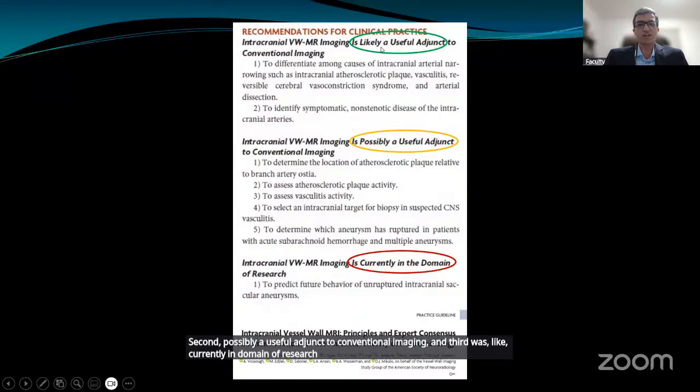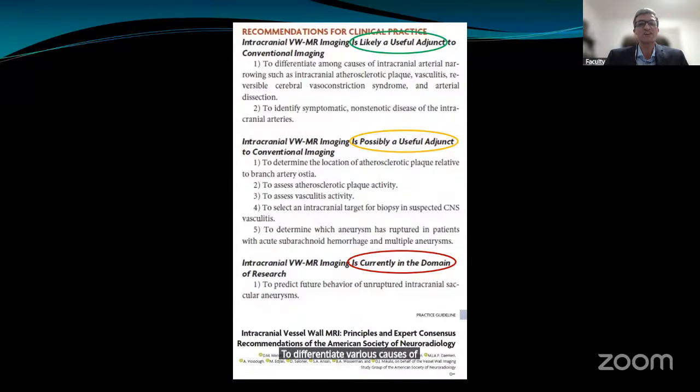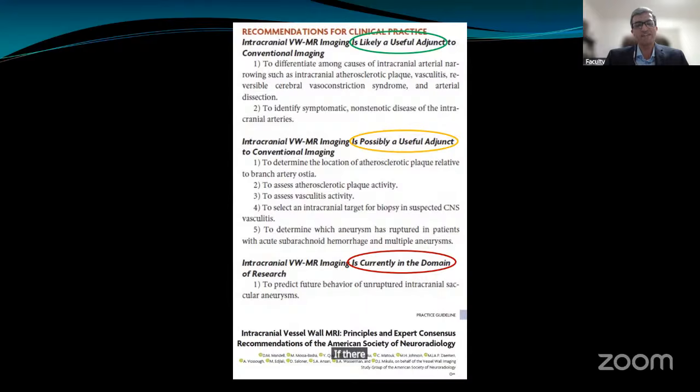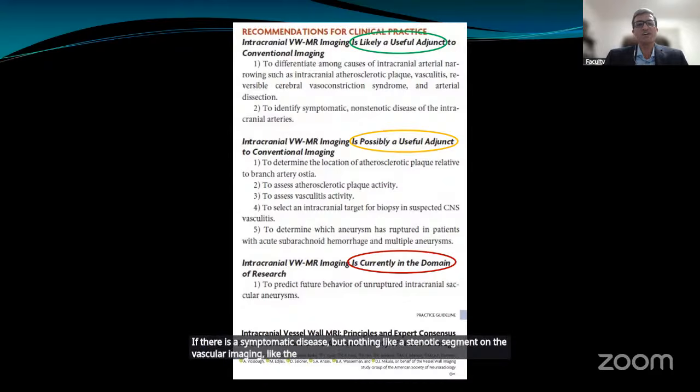Where it's going to be likely useful, one is to differentiate various causes of intracranial vascular narrowing, especially differentiating atherosclerotic plaques, vasculitis, RCVS, intracranial dissection. Also, if there is a symptomatic disease but nothing like a stenotic segment on the conventional vascular imaging, again, you can use vessel wall imaging to identify these conditions.